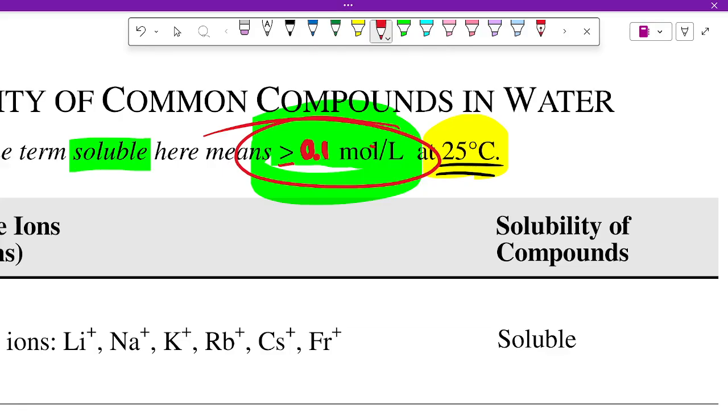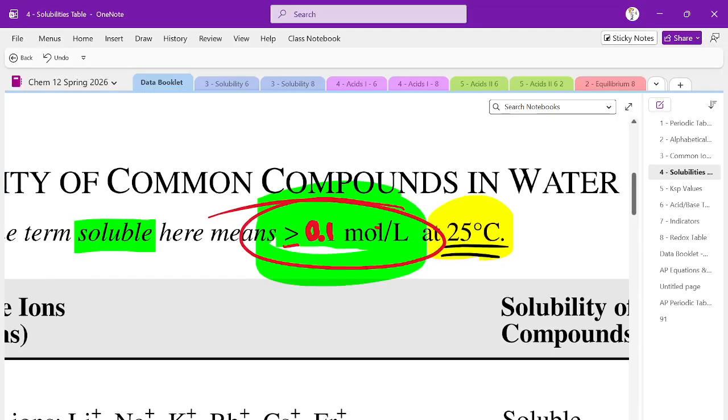In fact, when the AP students used to have to memorize the solubility rules, their definition of soluble was you can form at least a 0.01 molar solution. The number that you could allow that would be defined as soluble was 10 times lower. But here it's 0.1 molar. That's what we define as soluble in chemistry 12.